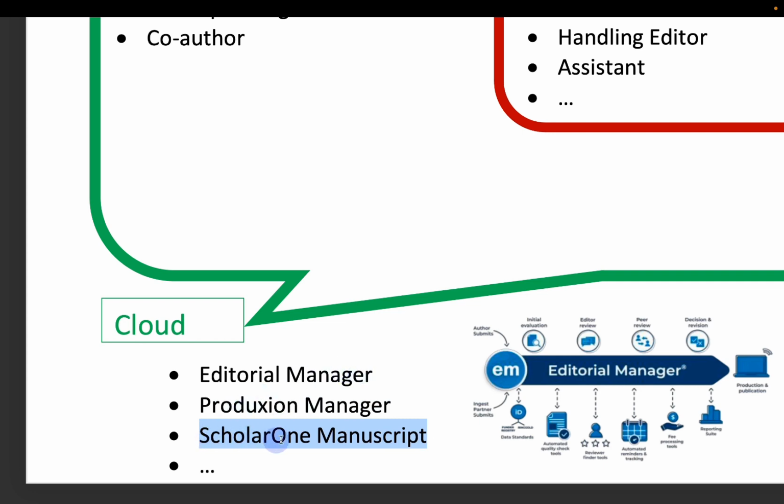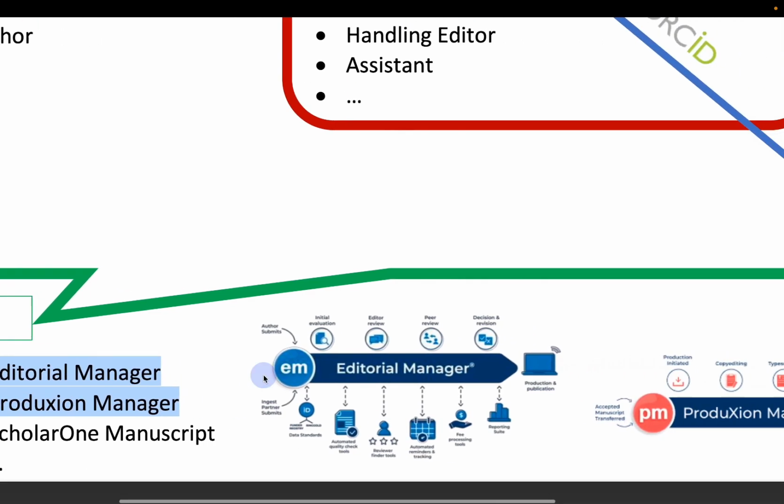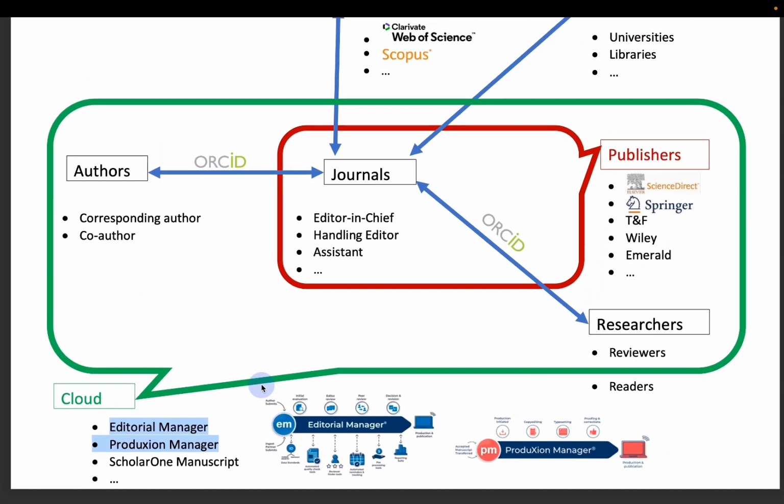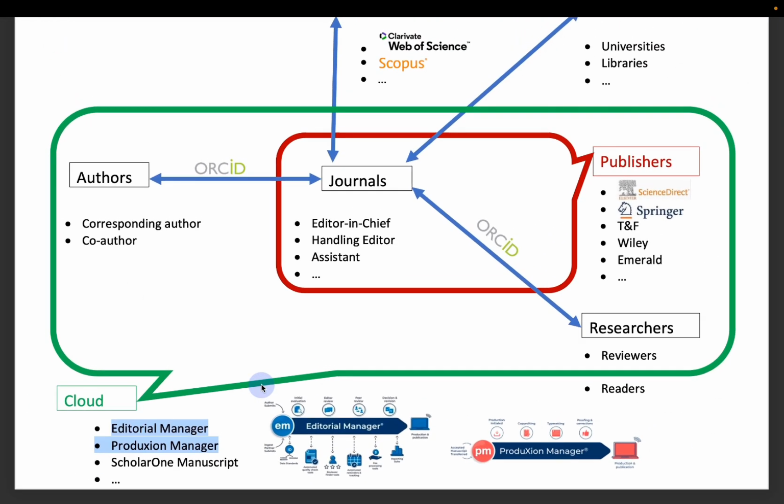The platform of ScholarOne Manuscripts has been developed and managed by Web of Science and Clarivate, while the platform of Editorial Manager is operated by another company called Aries. These spaces provide an environment that interconnects authors, journals, publishers, and researchers in a unique and integrated system.